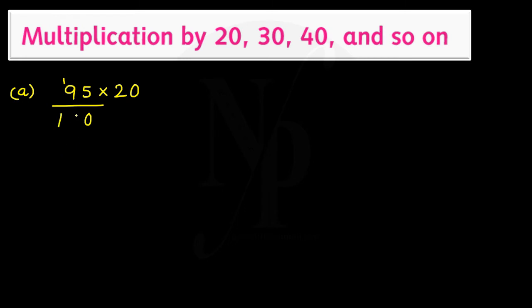And we should write this 0 to the right of this product we obtained. That is 1900 is the product. So when you multiply 95 by 20, we get 1900 as the product.